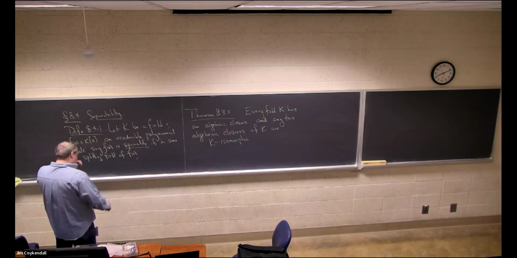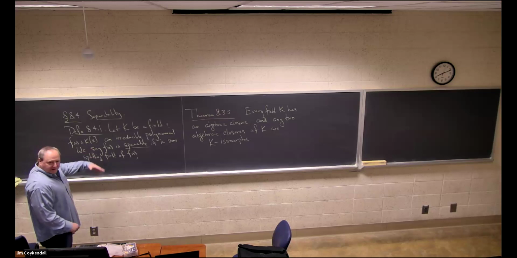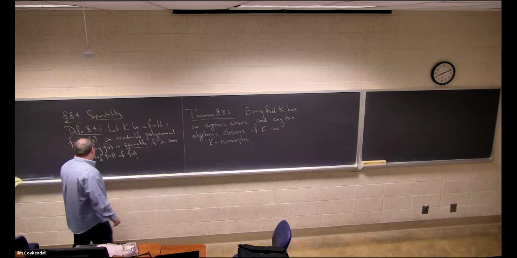Let's take a check. So we know that there is a splitting field of that, right? In the sense that we can find a field extension that's big enough, degree no more than n factorial times the degree of this, where this breaks down into linears.